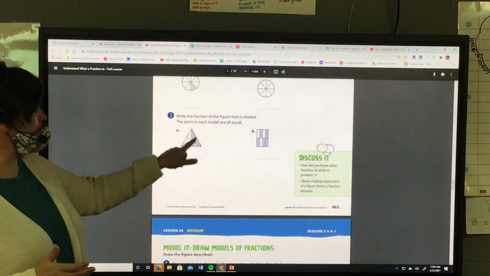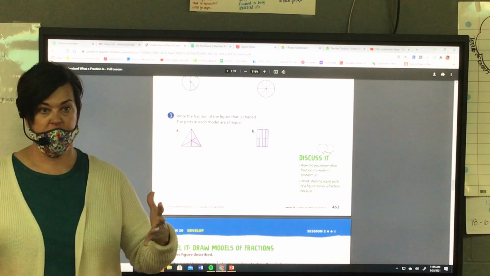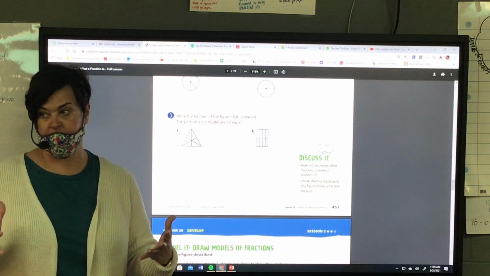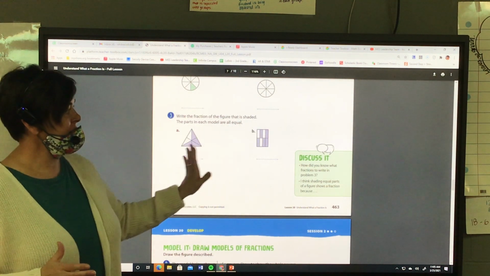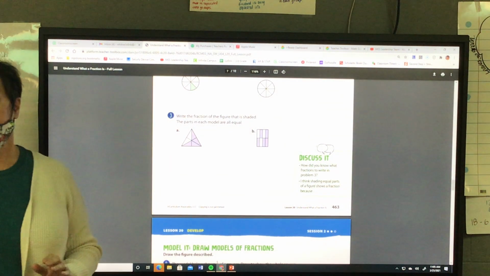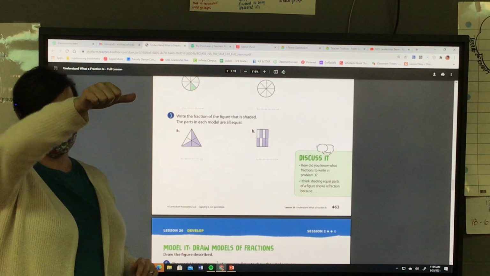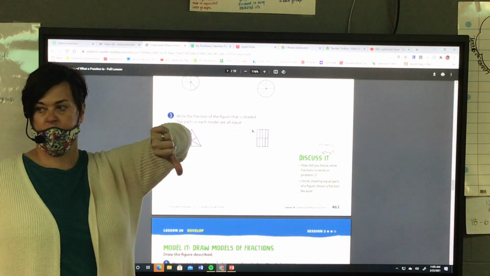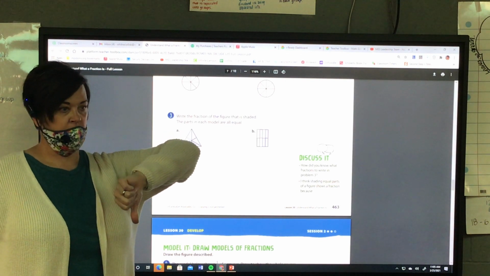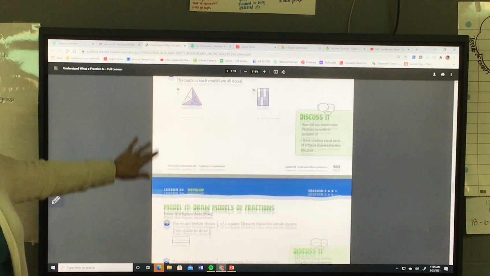So the shaded is what's the colored part, not what's left white, okay? So you're writing the fraction for what is shaded in both A and B there. Do those make sense? Yes.